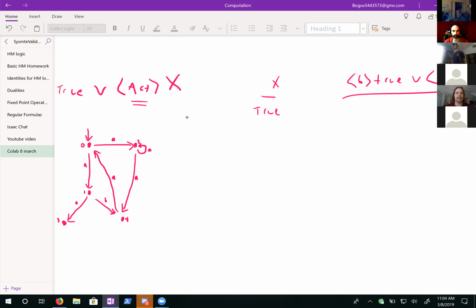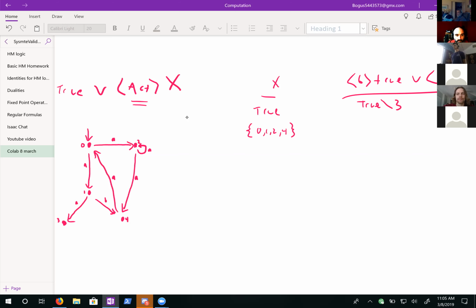Yeah, everything except 3. Okay. I guess I'll write that 0. And how is 4 in that set? Because 4 has this A action that can get us back to another state.